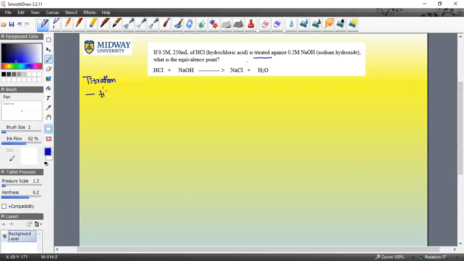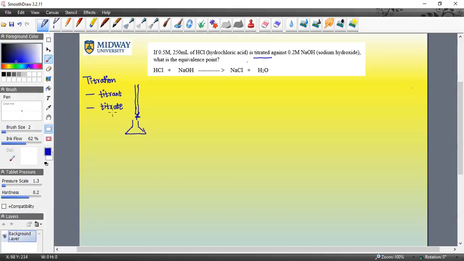One is called a titrant and the other is called a titrate. Okay, a titrate is typically what goes in, like say if this is your burette, that contains some liquid, and then you have a conical flask that contains something else.